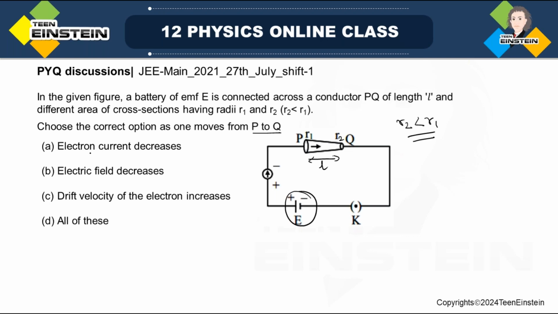See, as far as this first option is concerned, this is not going to be correct. You know why? Just because of conservation of charge. We know as many charges will be entering here, those must come out of this conductor.